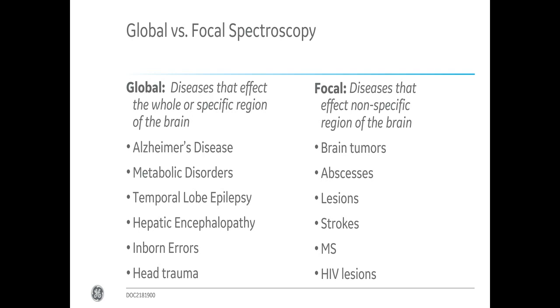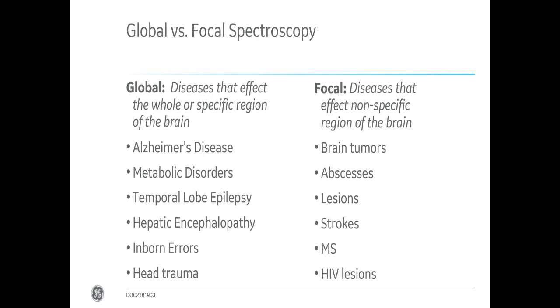And again, it doesn't mean that the whole brain is affected, but it means that it is not specific to an individual location where this disease is more or less taking effect. And in contrast to that global are the focal diseases, and these diseases affect non-specific regions of the brain.